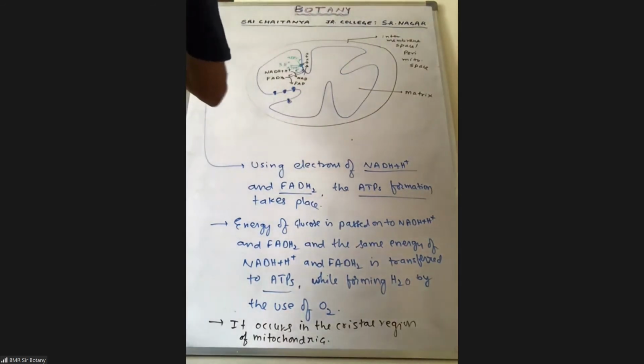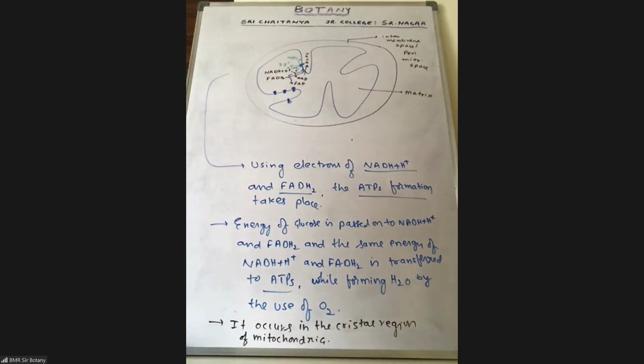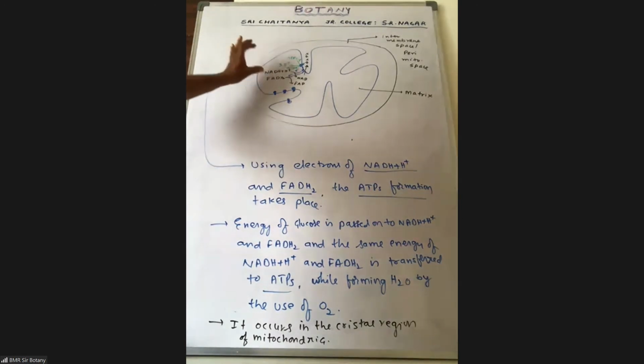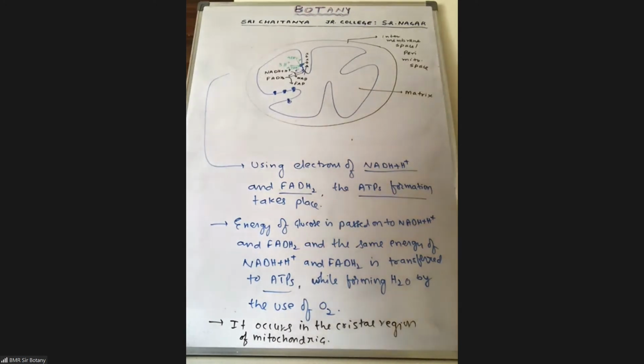On their way back, ATP formation takes place. So, formation of ATPs is on matrix side. So electron transport chain, which involves different carriers, complexes, mobile carriers.